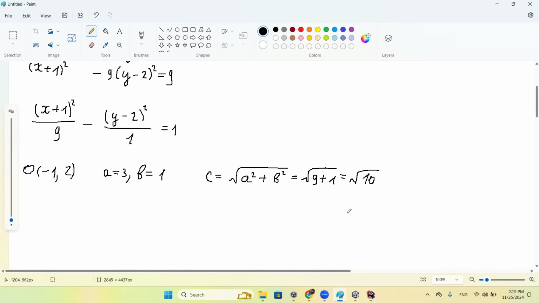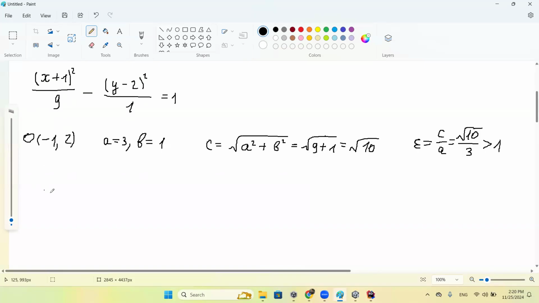Okay, so that's the coordinate of C, and epsilon equals C by A, so it equals square root of 10 by 3, and it is greater than 1. So correct. Then, what else do we have to do? Yeah, so foci.